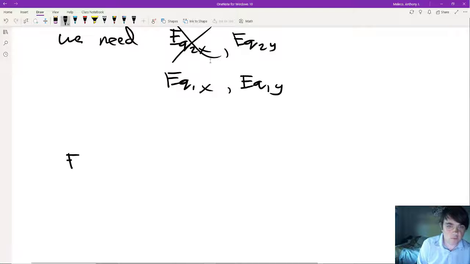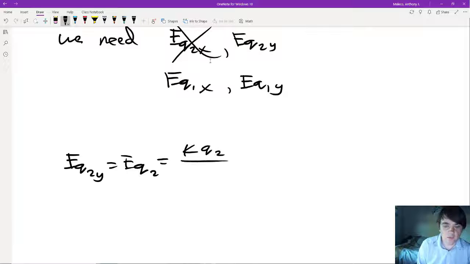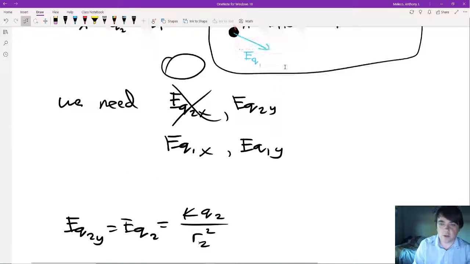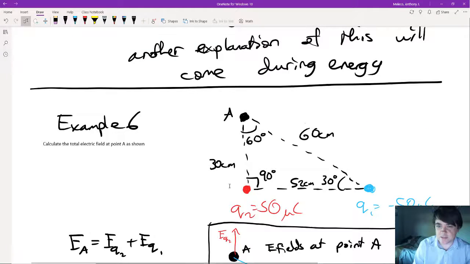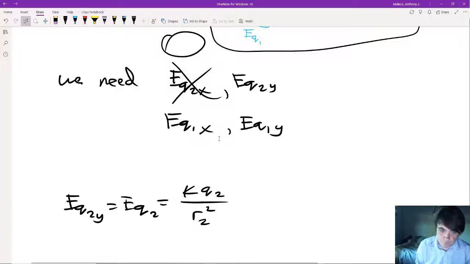So EQ2y equals EQ2 equals K Q2 over R2 squared, whatever you want to call it. That's 30 centimeters.